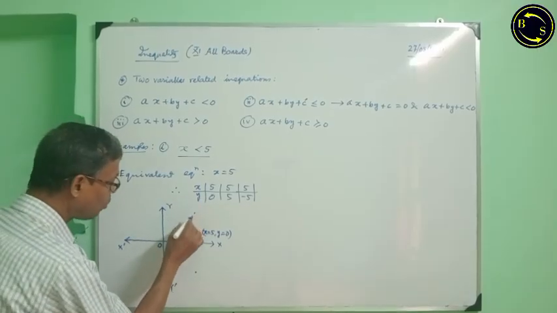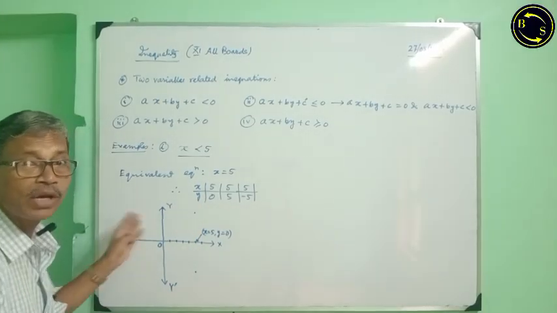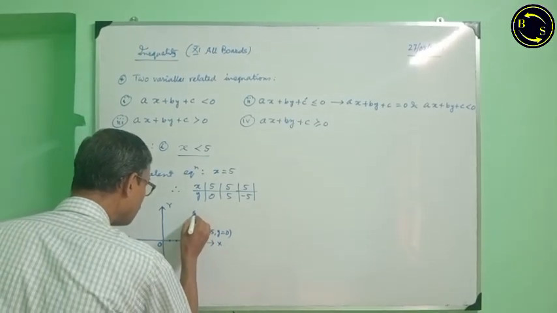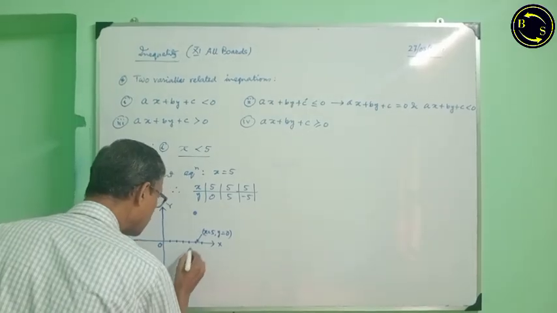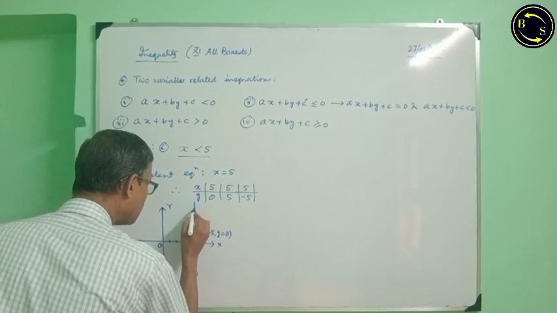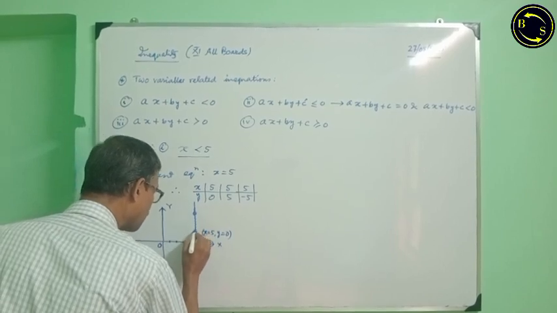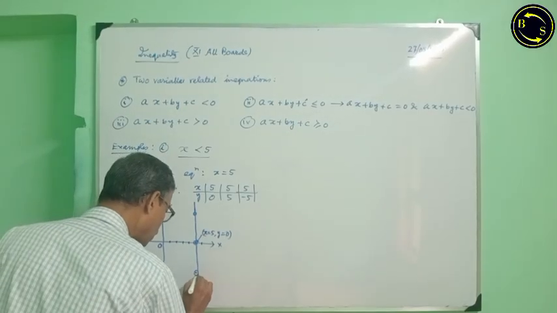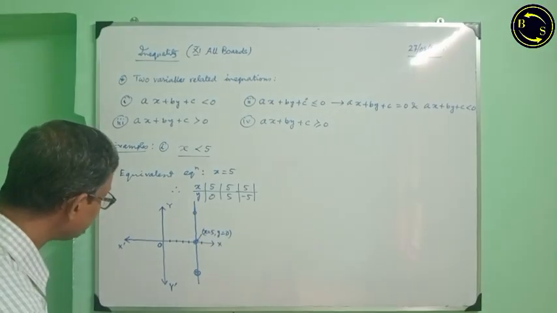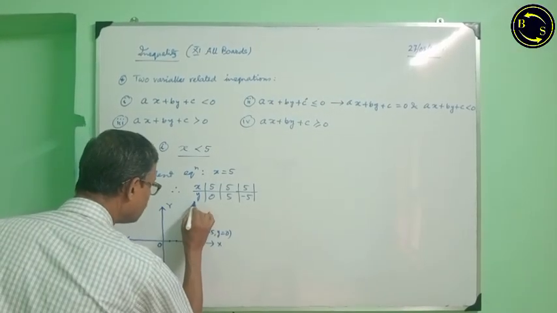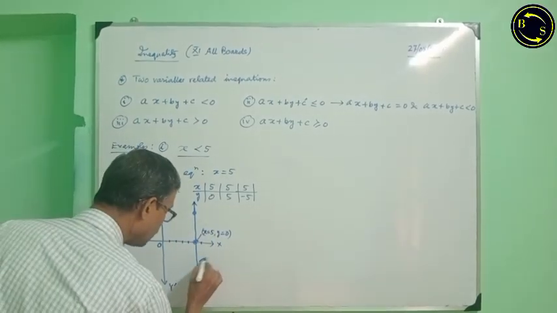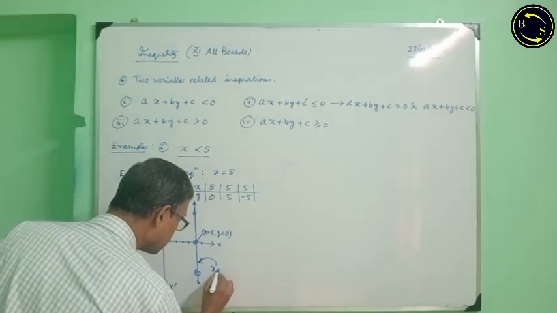Actually, the distance of these points from the y-axis is 5 units. Now we join these points to get the line of the graph. Actually, this line is parallel to the y-axis. We represent it like this: x is equal to 5.